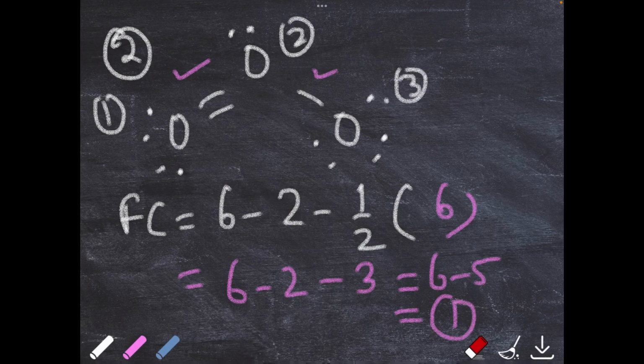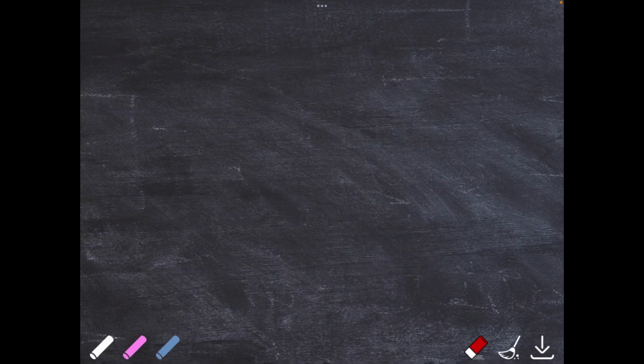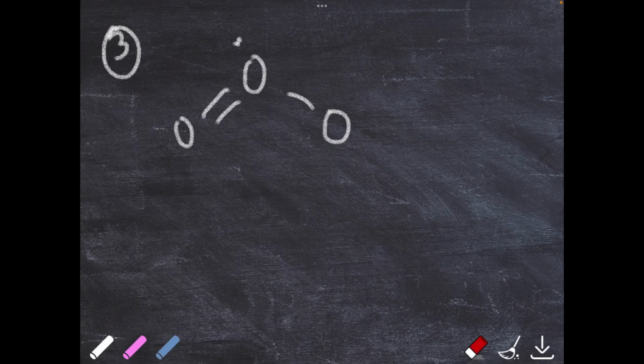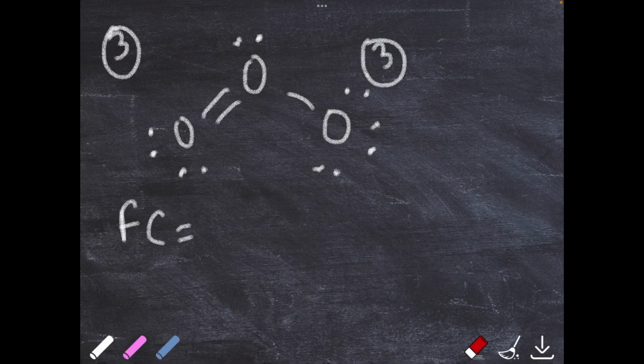Now let's calculate on the third atom of oxygen. For convenience, I am again drawing the diagram. This is O double bond O, with four electrons here and 6 electrons here, and this is my third atom. Formal charge will be equal to number of valence electrons, again 6.